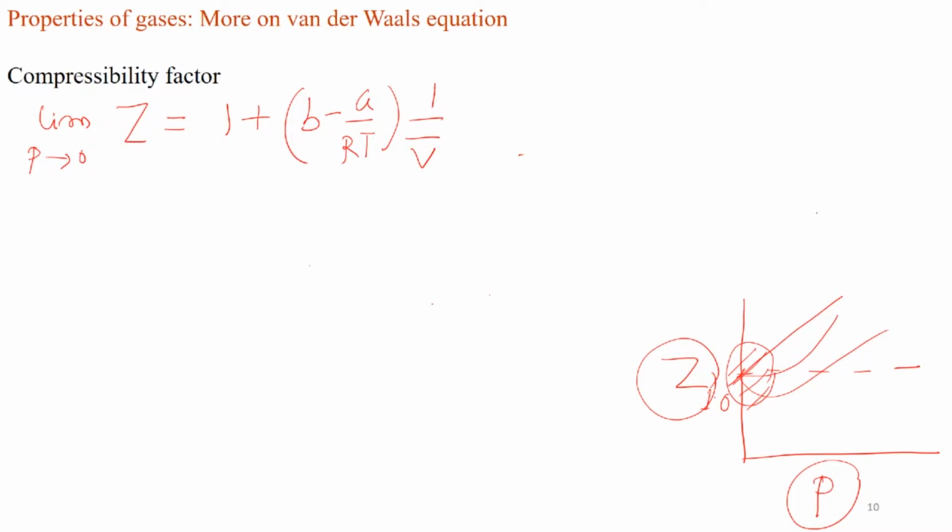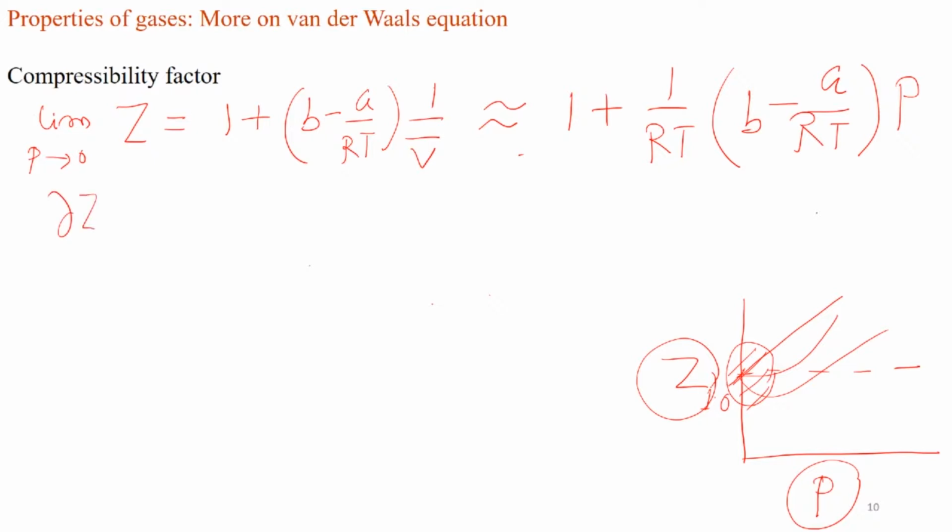However, since we are only trying to explain the behavior in the very low pressure regime, we can use the ideal gas equation for the molar volume, which will give the expression for the compressibility factor as 1 plus 1 over RT times (b minus a by RT) into P.